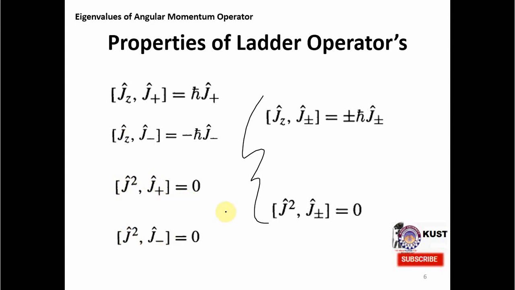So the hint for these three commutators is to put the value of j minus over here, do the two commutators and put their values, and similarly for j plus and j minus when they are commuting with the j square. I have done the first one for you, and these three are left for you as an exercise.